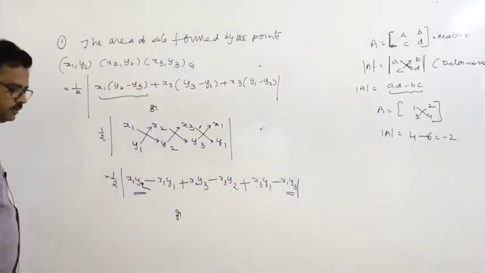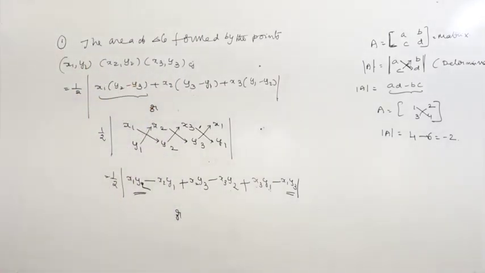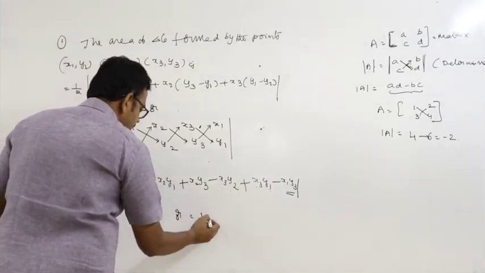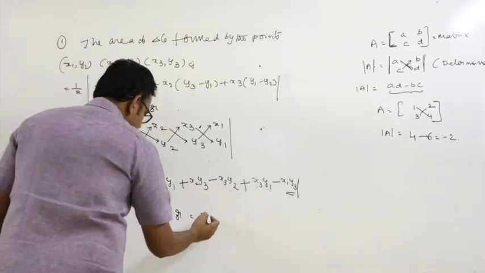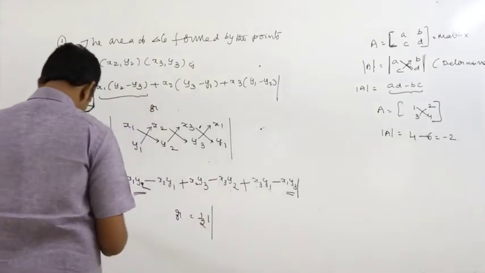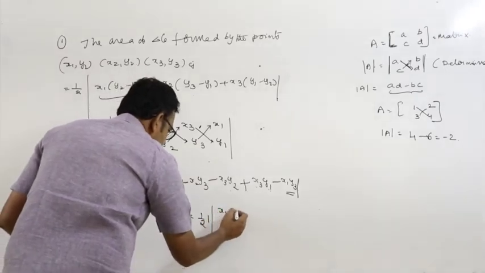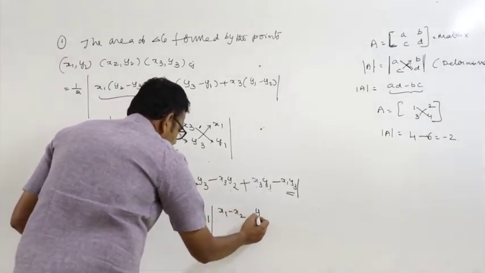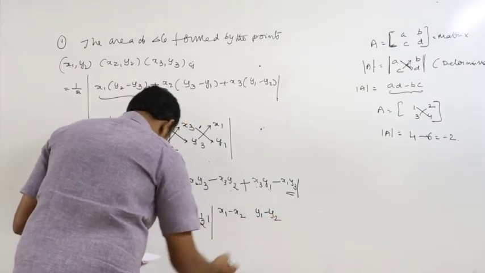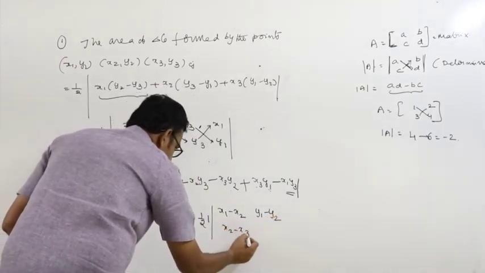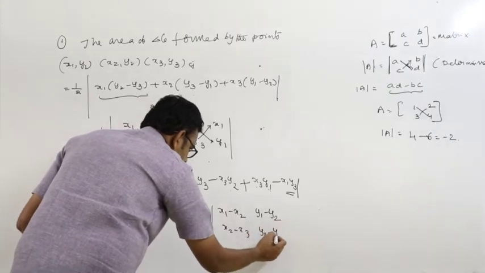Or this also, that is equal to half into mod of determinant of, you can do like this also, x1 minus x2, y1 minus y2, x2 minus x3, y2 minus y3.